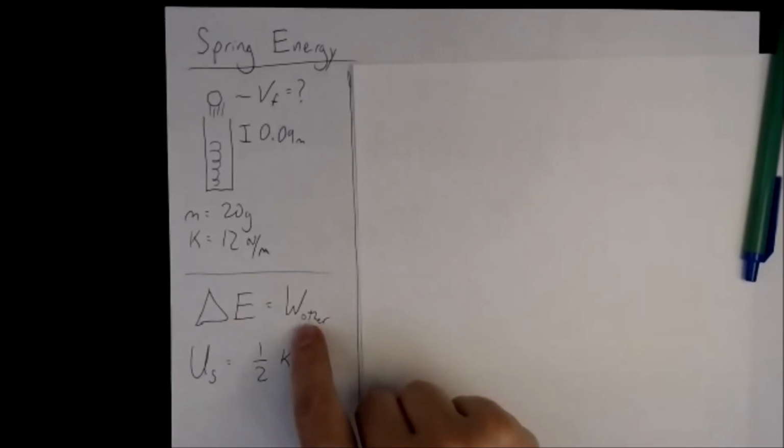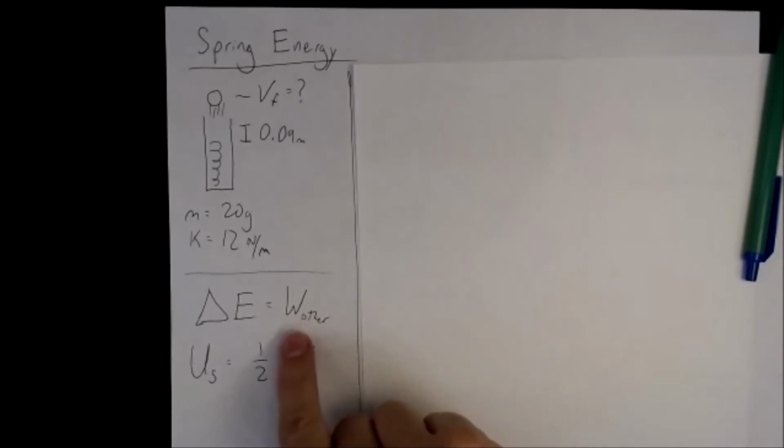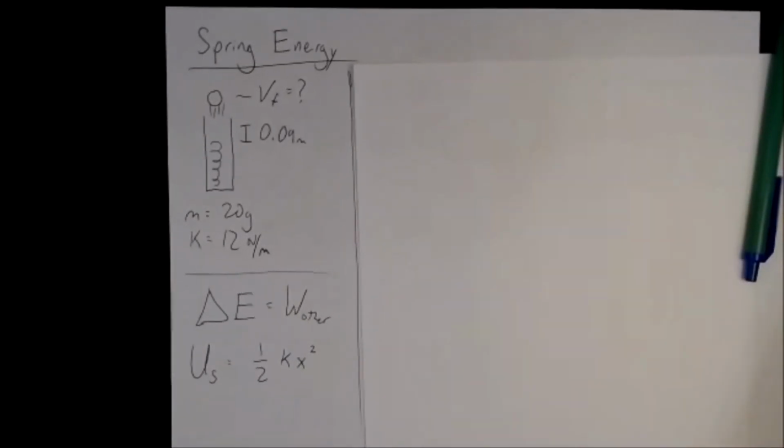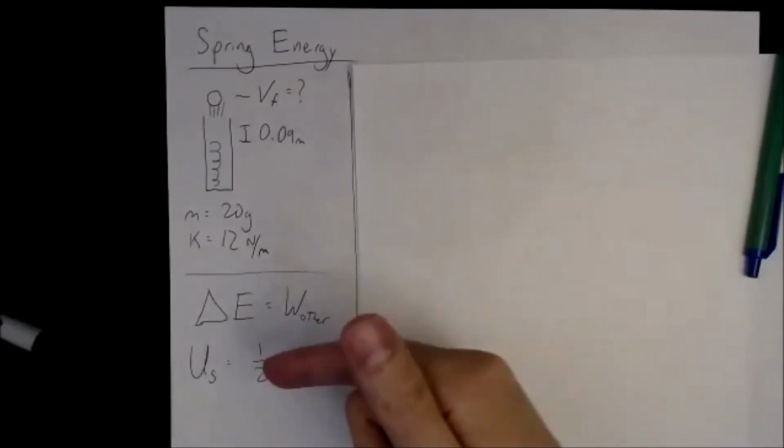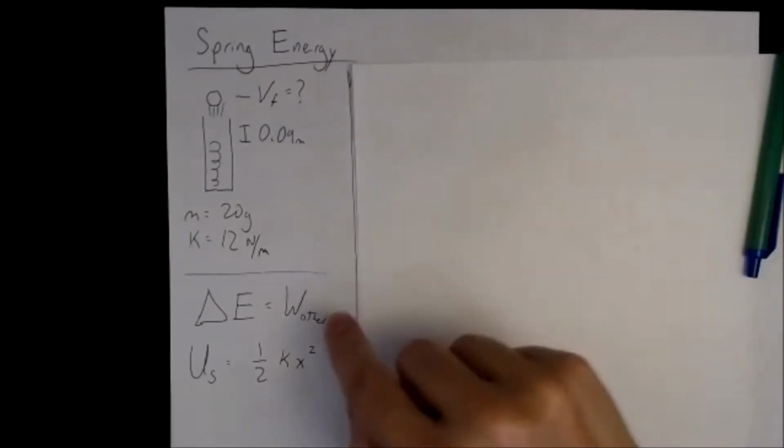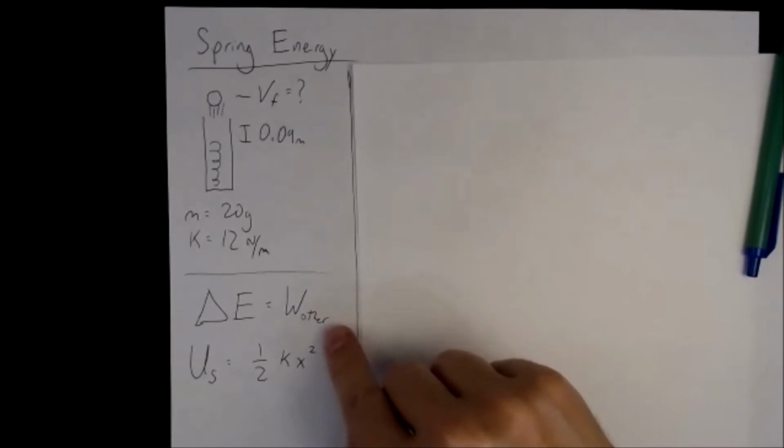On this side, the one thing that we've actually done much with is friction. We have applied friction to this work other. There are other things that can do work, like physically pushing some object, but mostly it's going to be friction over here.